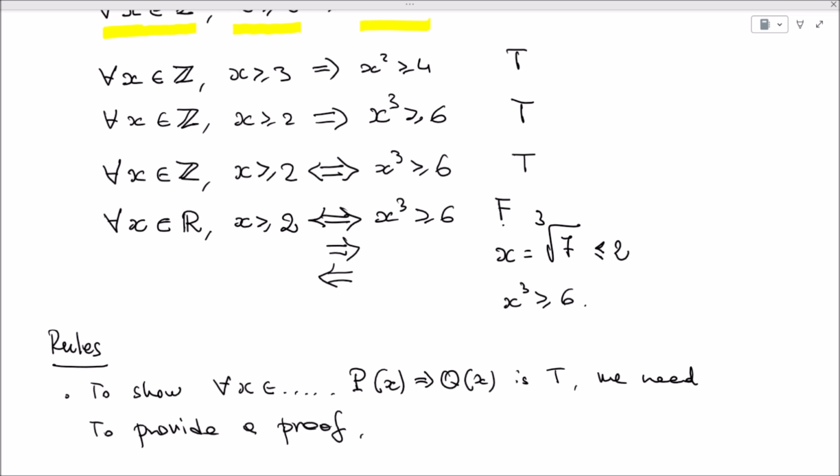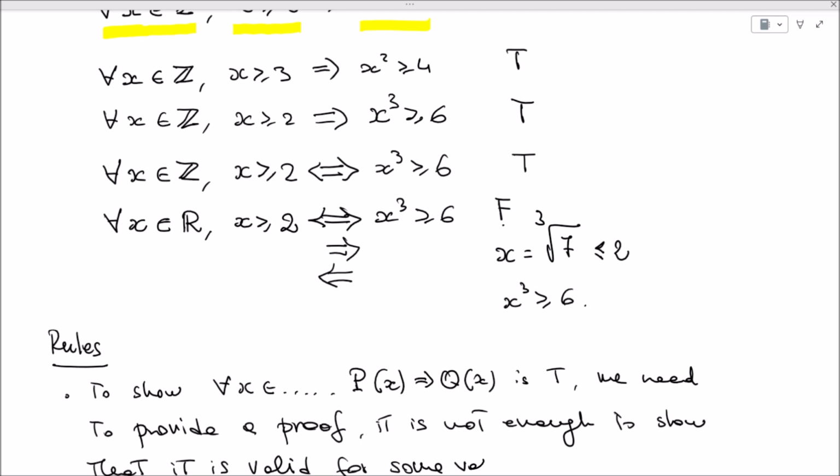So it is not enough to show that it is valid for some values of x.